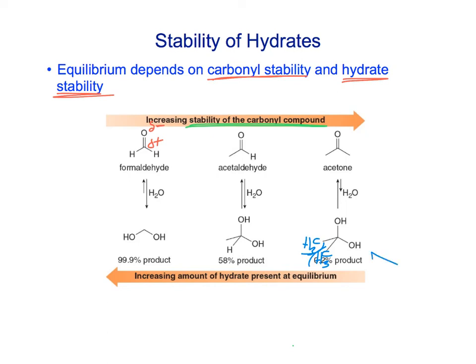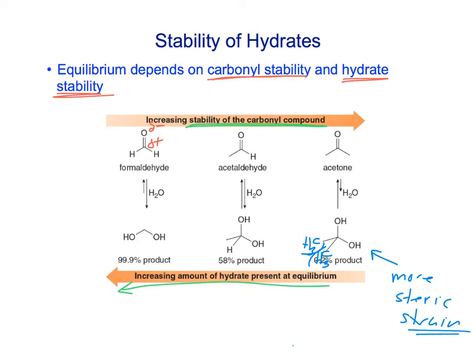All right, so this over here has more steric strain. Okay, so that makes it less stable, right? So for the hydrates, it gets more stable as we go to the formaldehyde side.